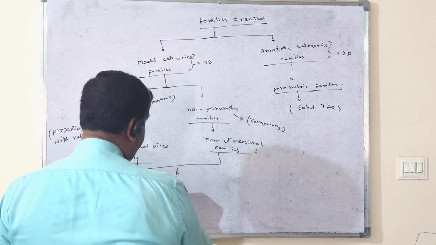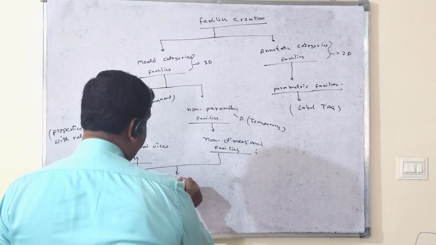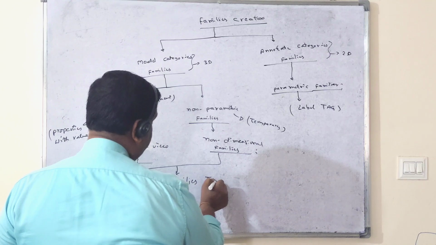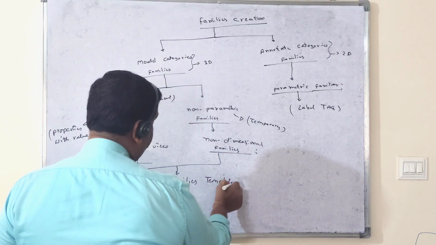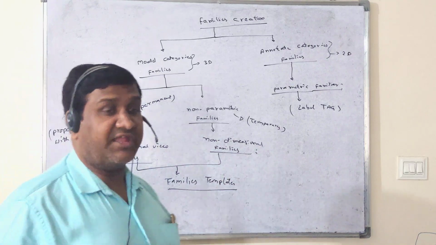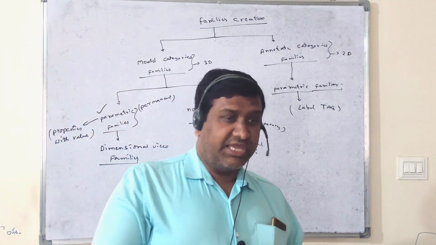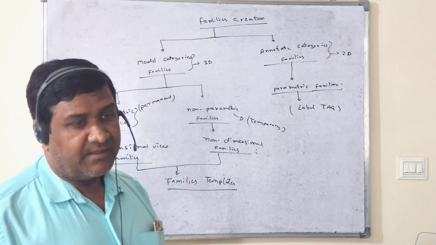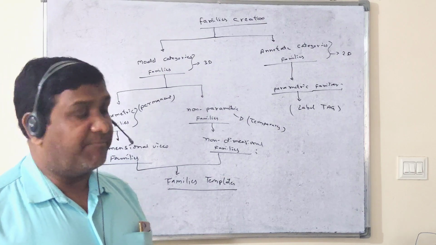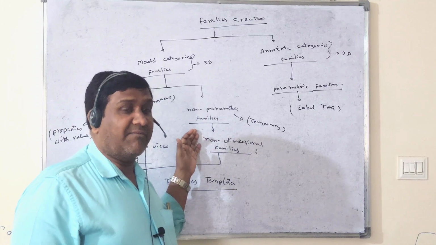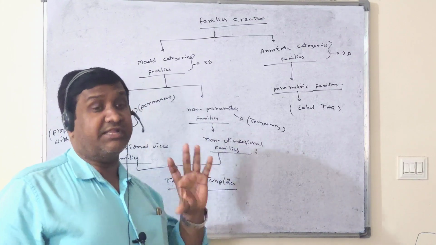Those template files, when we work on families, we call family templates. Earlier I told you the Revit combination has template files, family files and family templates. So here also we have to take the family templates. Without a family template, we can't create a parametric or non-parametric family.